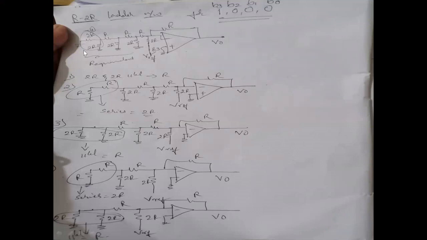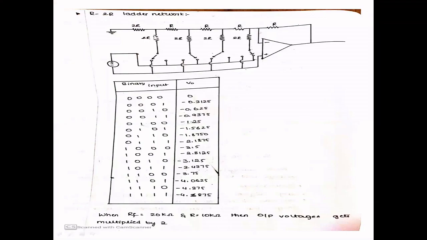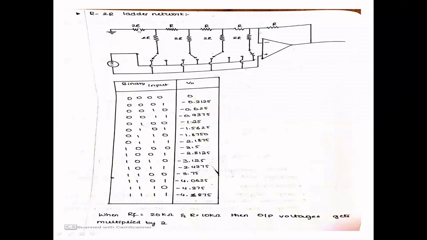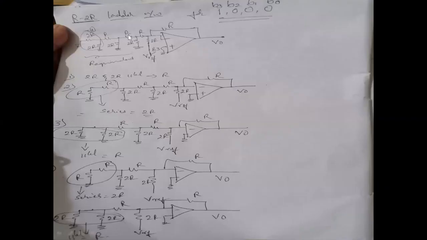So this is very similar to the circuit. Initially you have 2R and 2R. Now we have to simplify these resistances and find the equivalent resistance. How do you find that?